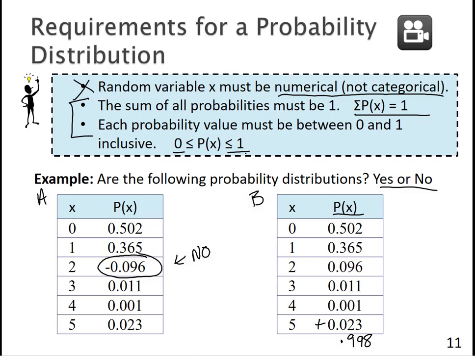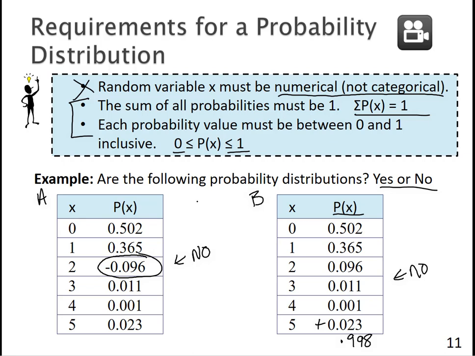Well, that's not exactly 1. The sum of my probabilities has to equal exactly 1 to be a probability distribution. All right? And 0.998 does not equal 1, as much as you might like to round. So this is not a probability distribution. Table B is not a probability distribution either.